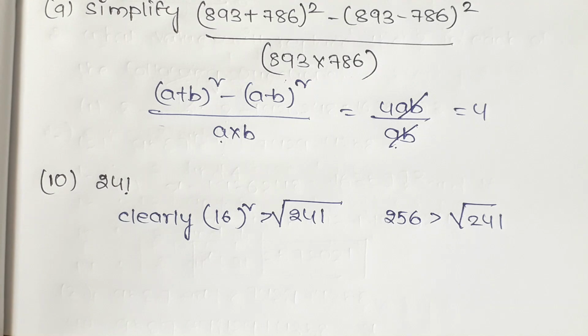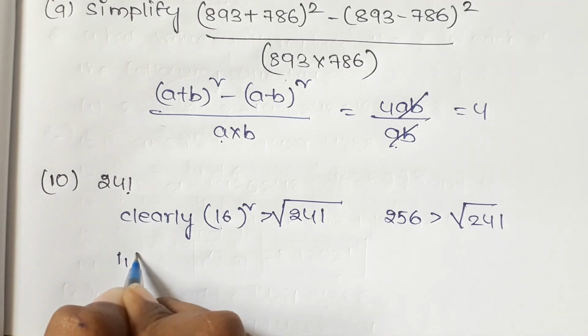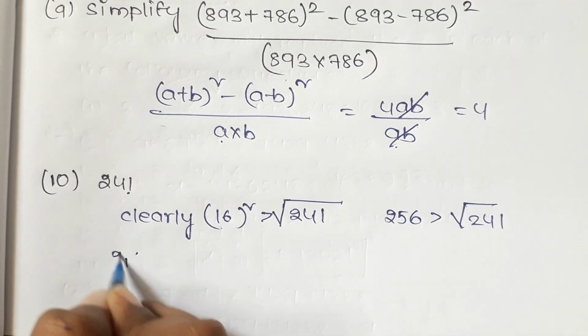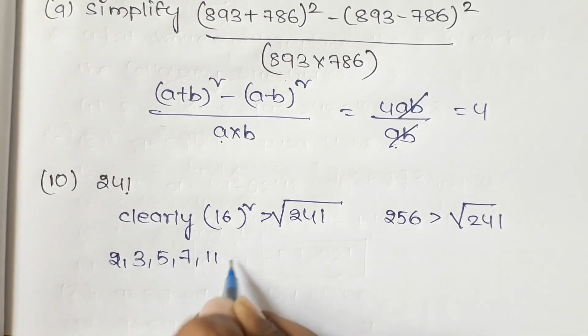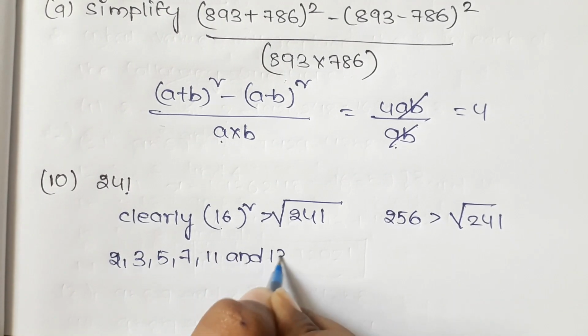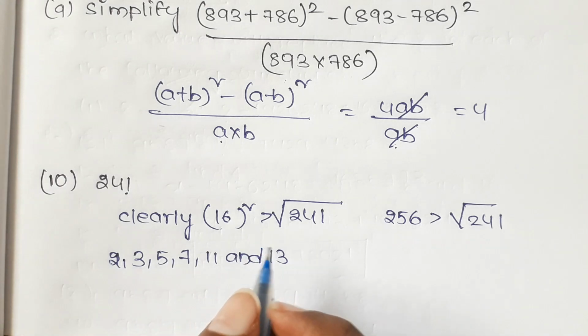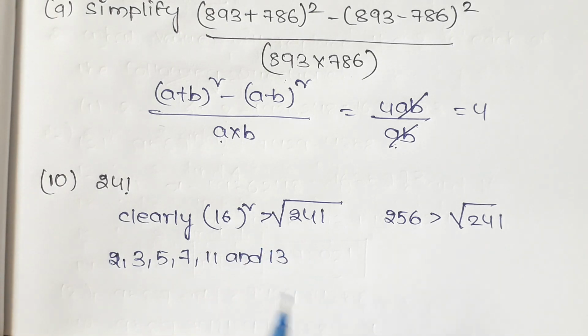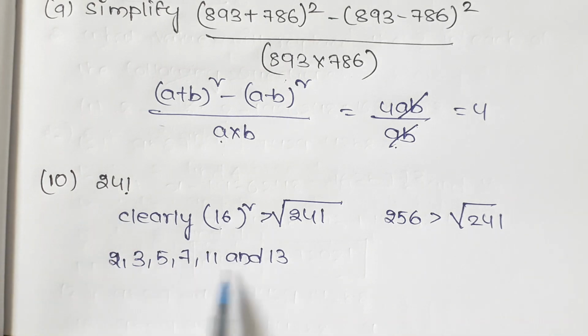And now let us take the prime numbers below 16, that is 2, 3, 5, 7, 11 and 13. These are the prime numbers below 16, and here the given number, that is 241, will not be divisible by any of the given these numbers.